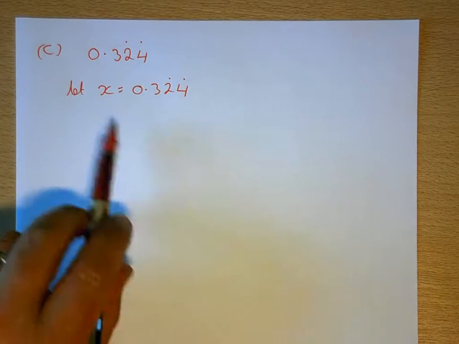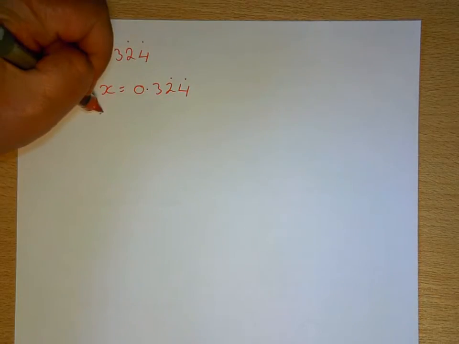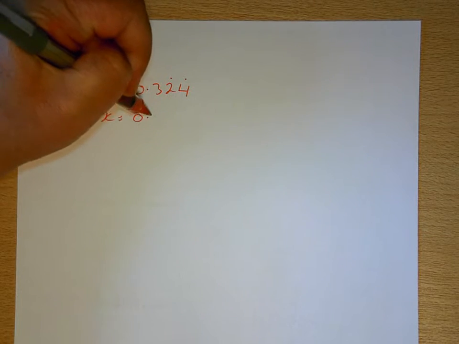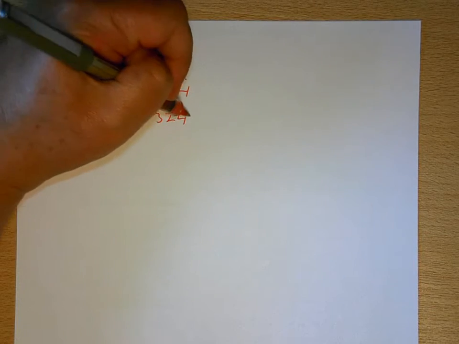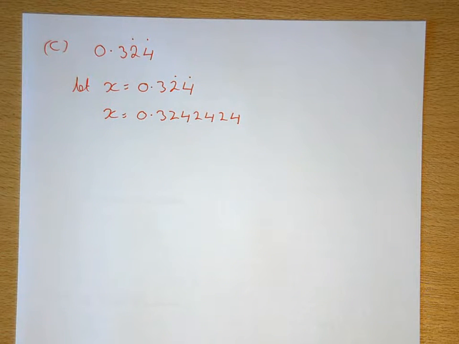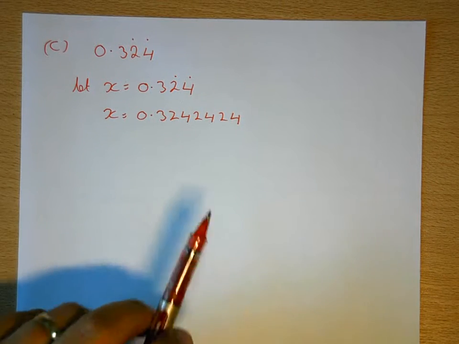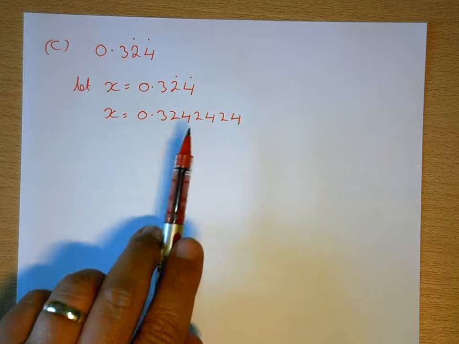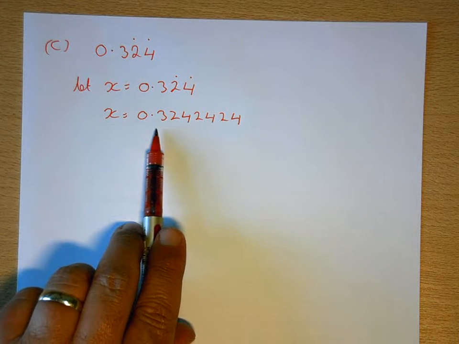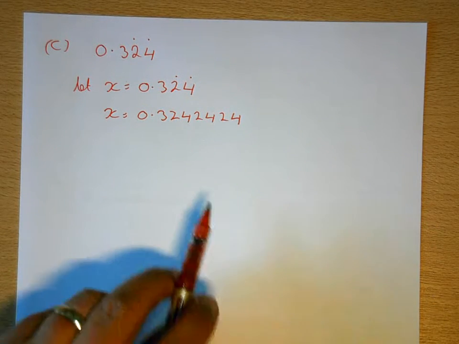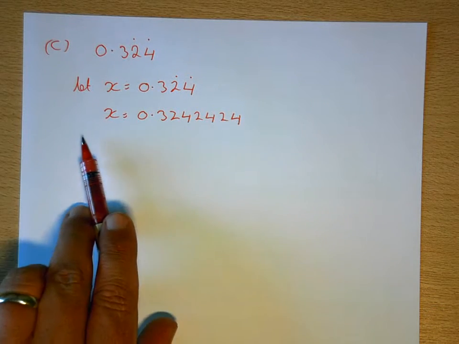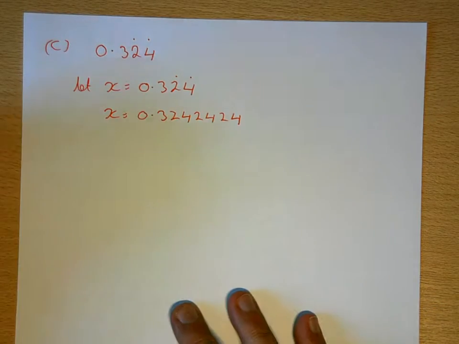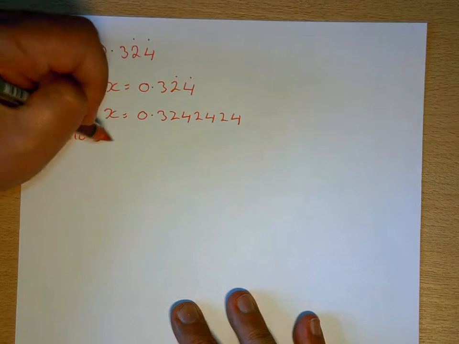So the only repeating digits now are the 2 and the 4. So let's write that whole string of decimals out. 2, 4, 2, 4, 2, 4. Remember, what we're trying to do is to get the repeating part, the only bit on the right hand side of the decimal. So this time I've got to do 2 things. First of all, I'm going to multiply it by 10.